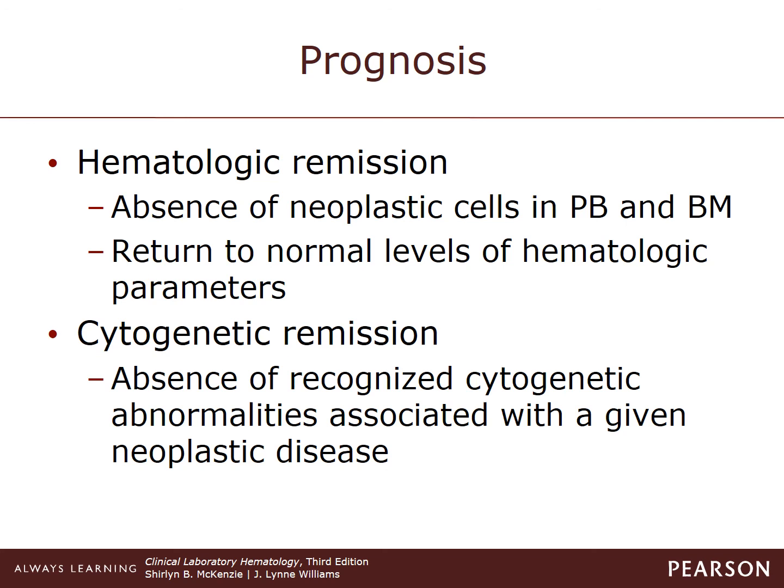That way, you will have a hematological remission, which is a very favorable prognosis for these types of patients. Now, you also have cytogenetic remission. So if a genetic abnormality has been identified, you see an absence of those recognized cytogenetic abnormalities associated with the given neoplastic disease. So if that abnormality goes away after treatment, again, then this is a very favorable prognosis for the patient.